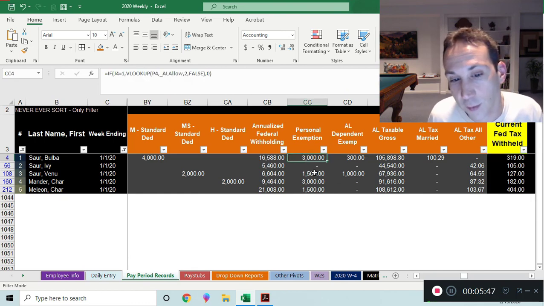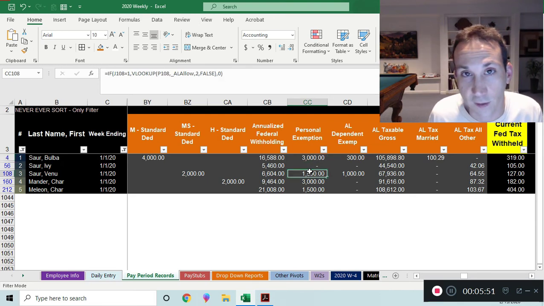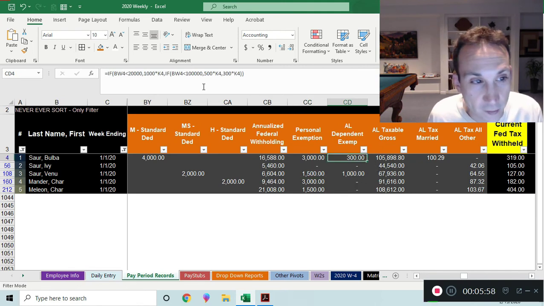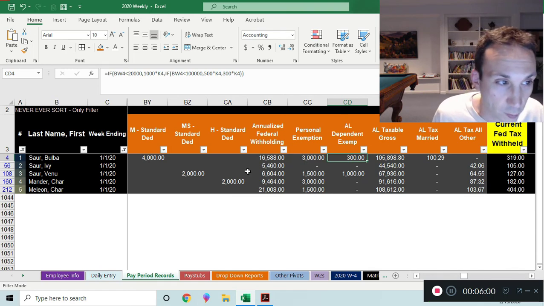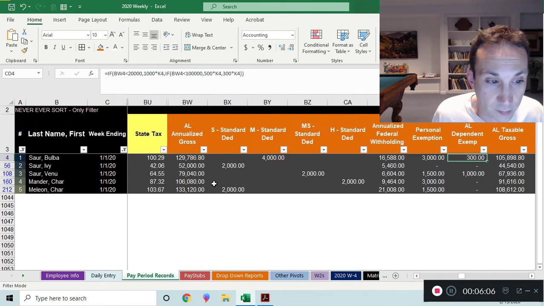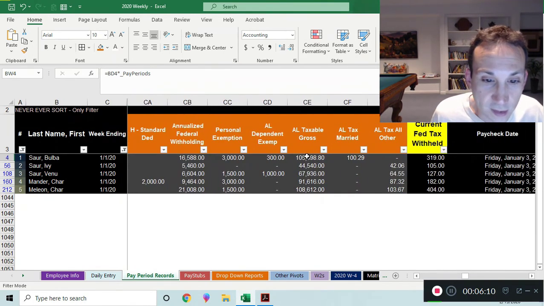And if you are taking your personal exemption, what your filing status was, because it's either going to be 3,000 or 1,500, depending on what your filing status is. Then they want to know the number of dependents that you have, and they want to multiply that by a formula depending on what your adjusted, what your taxable income, annualized taxable income is already. So they want to do all these things.